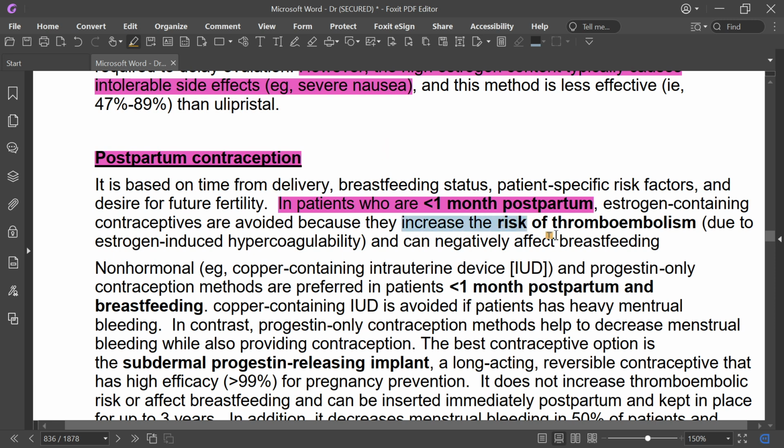They can negatively affect breastfeeding too. Non-hormonal copper IUD and progesterone-only contraceptives are preferred in less than 1 month.